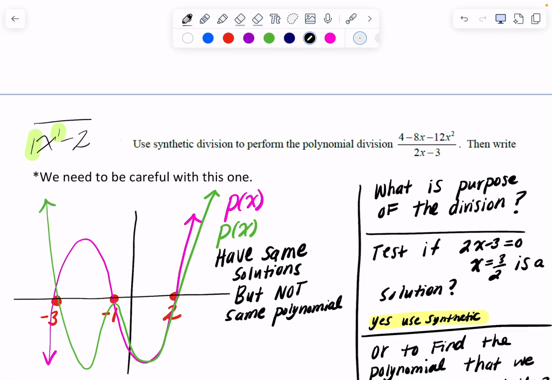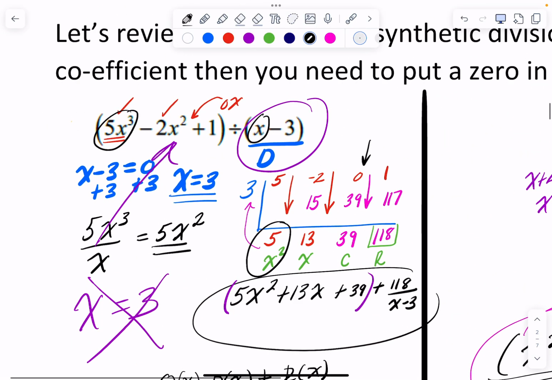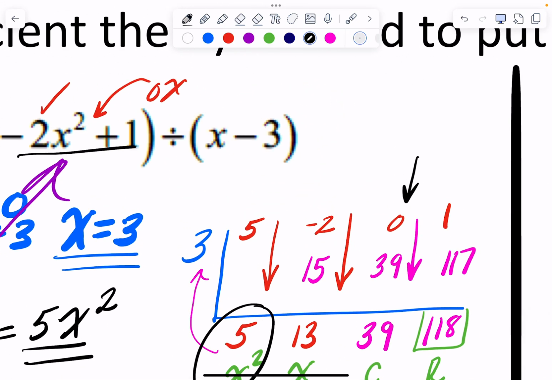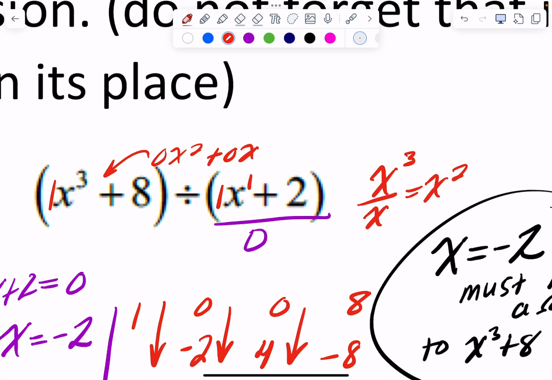Notice in all these examples, our divisor had a power of 1 and leading coefficient of 1. That is just a rule to getting the correct answer. If it's not that, it's not going to give you the right polynomial.